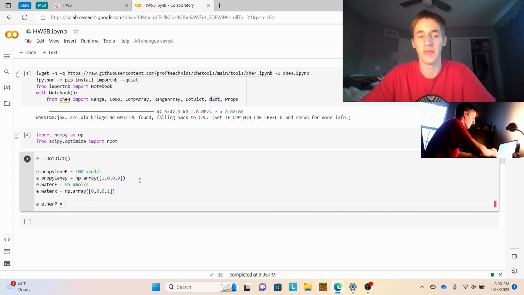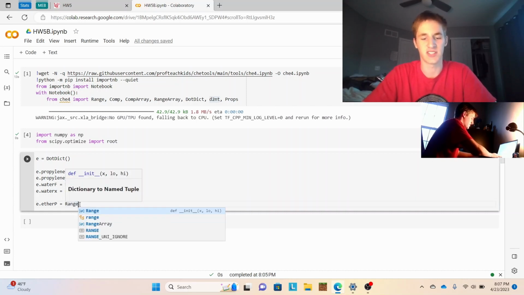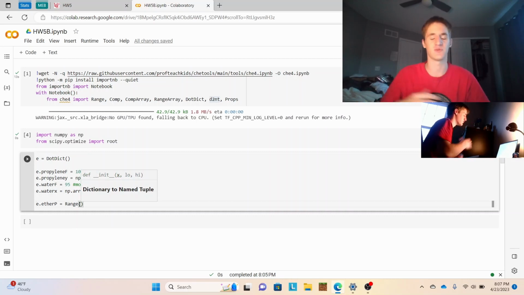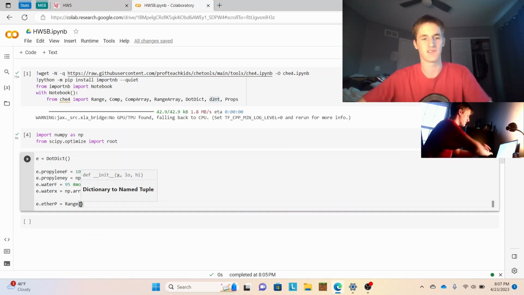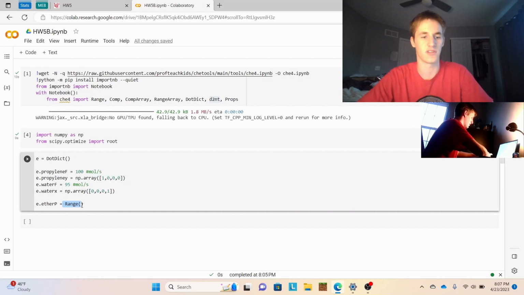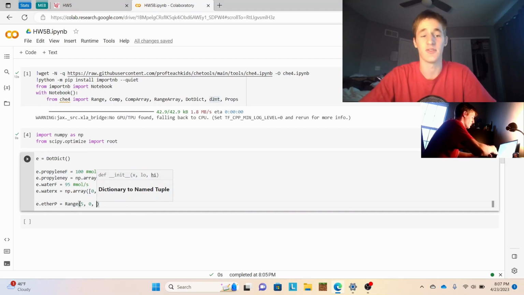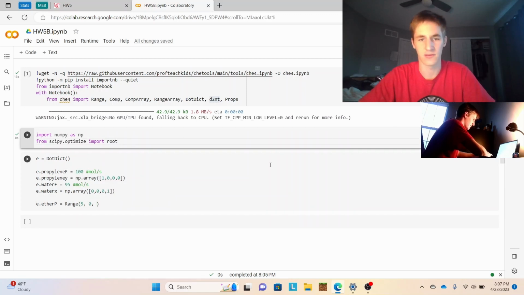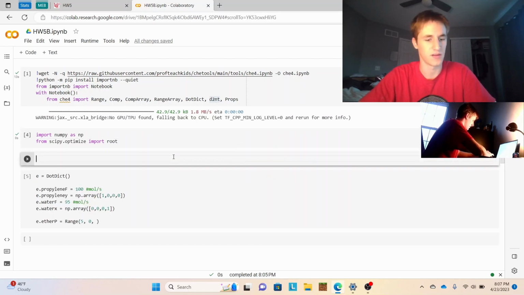We don't actually know the flow rate. So for this, because we are using a dictionary, because we have bounds, we want to use this range here. Right, so we give it a guess, we'll say 5, and then the absolute lowest it can go is 0. And then I'm going to add a little bit here. Right, so we want to figure out what our maximum value is going to be.